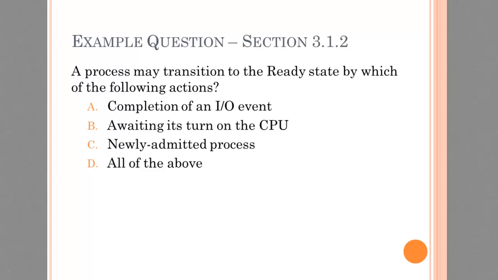Completion of an I/O event, it'll go to the ready state because it's ready for the next instruction. Awaiting its turn on the CPU, it's ready, it's just waiting. Newly admitted process, that means it's been created, so it's ready to go. So the answer is really all of the above.